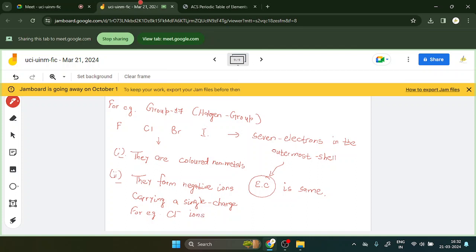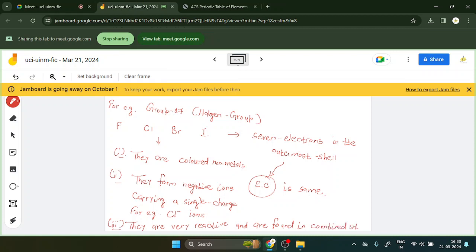And you may have heard that the elements in the halogen group are very reactive. Fluorine, chlorine, bromine, iodine are highly electronegative, very reactive, right? So the elements of the halogen group are very reactive, and are found in the combined state. Clear?